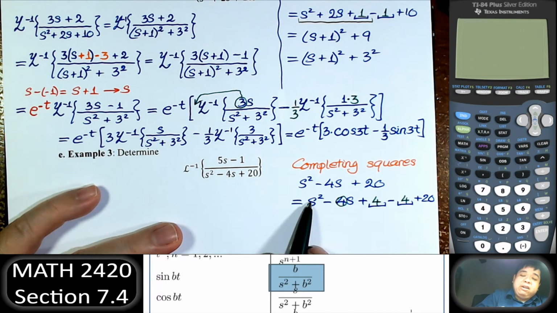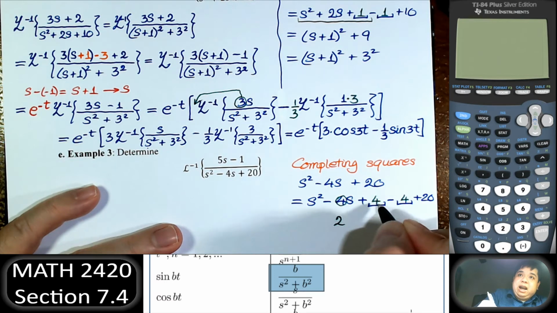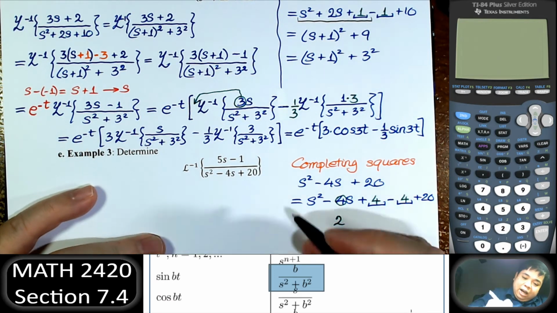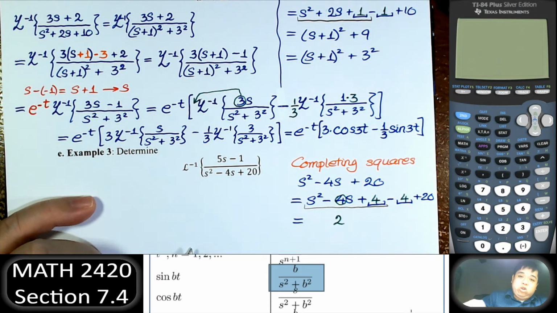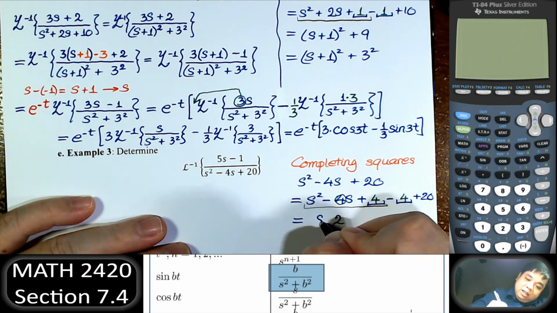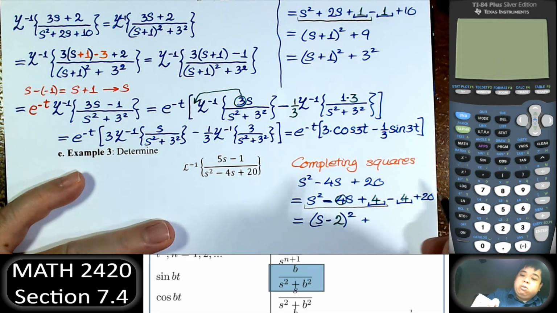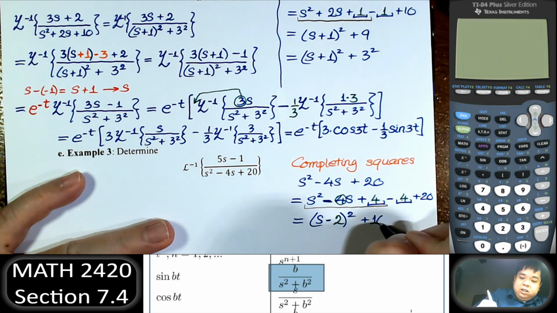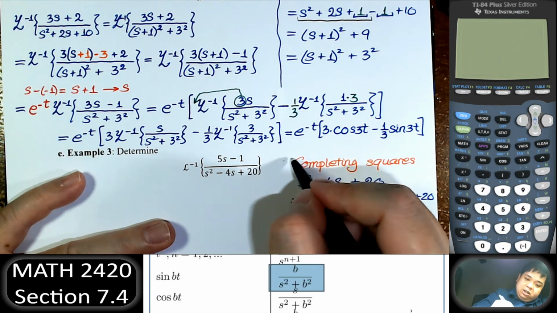Once again, half the middle number, square it, add and subtract. Now with that, the first three terms will be the perfect square trinomial, in particular s minus 2 squared, plus 4 minus 4 plus 20 is plus 16, which gives us s minus 2 squared plus 4 squared. Right, so that is the completing the square.